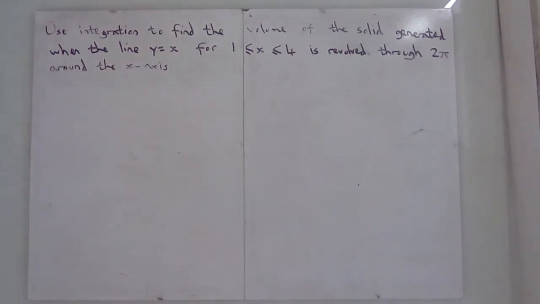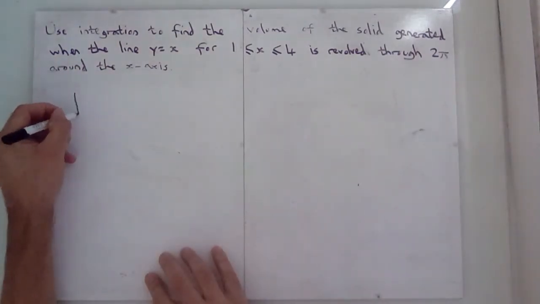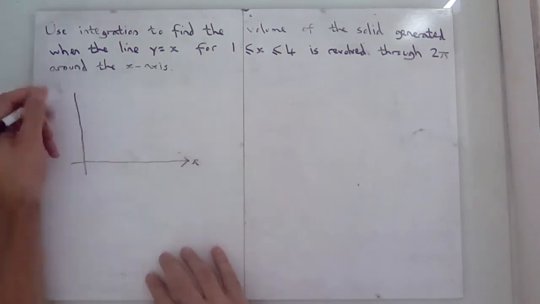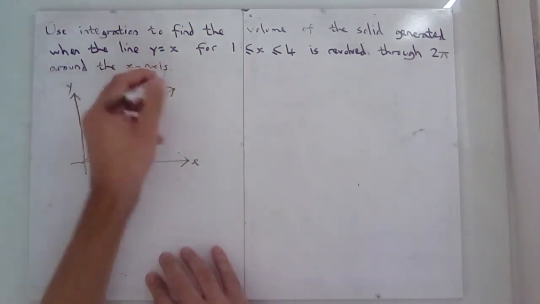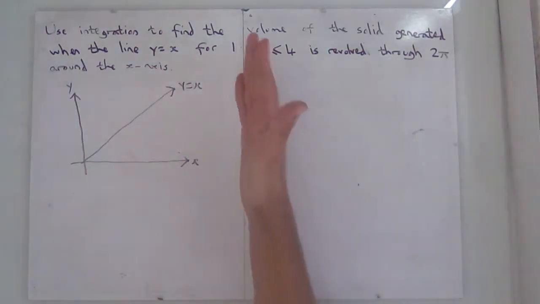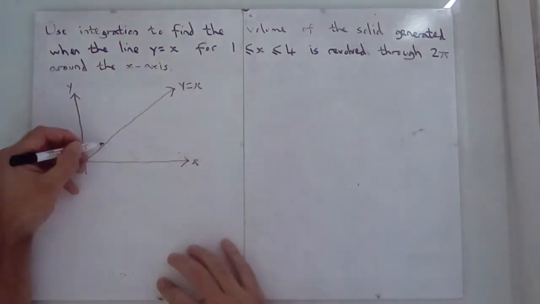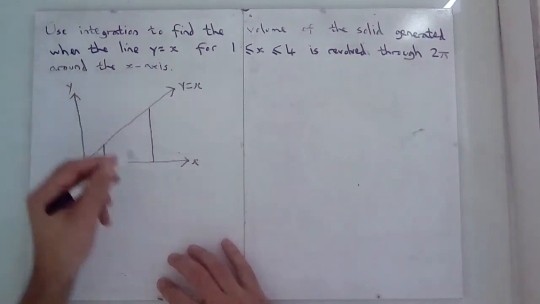Now, if we actually want to apply it to this, we're going to need a drawing of y equals x, a very simple line. X-axis, y-axis, y equals x looks like that. We're bounding it between x equals 1 and x equals 4, so 1 there and 4 over here.